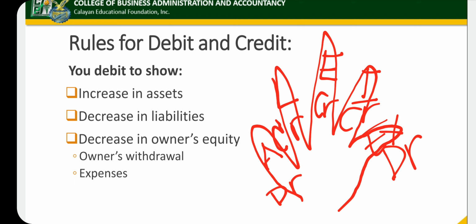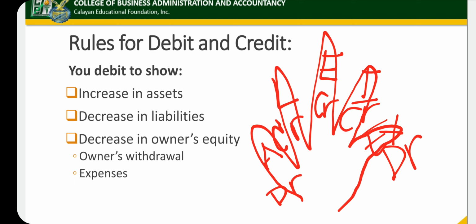But you're going to follow the opposite or the reverse balance if in your analysis of such business transaction, you find out that such account title decreases in value.